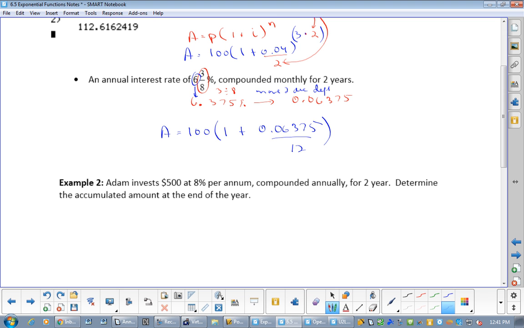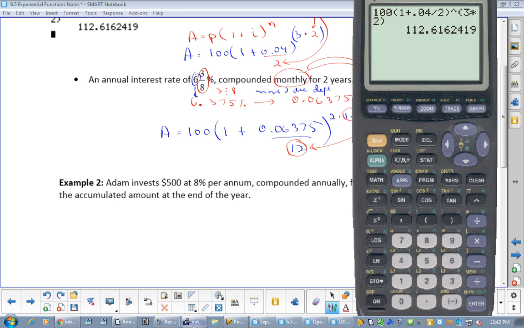Close your bracket to 2 times 12. Okay? So we want to be deliberate right now and circle the 12s and circle the monthly and go like this. Because I don't want anybody going to their notes going, how did I get that 12? I don't remember how I got that 12. Those 2 arrows will quickly remind you how you got those 12s.